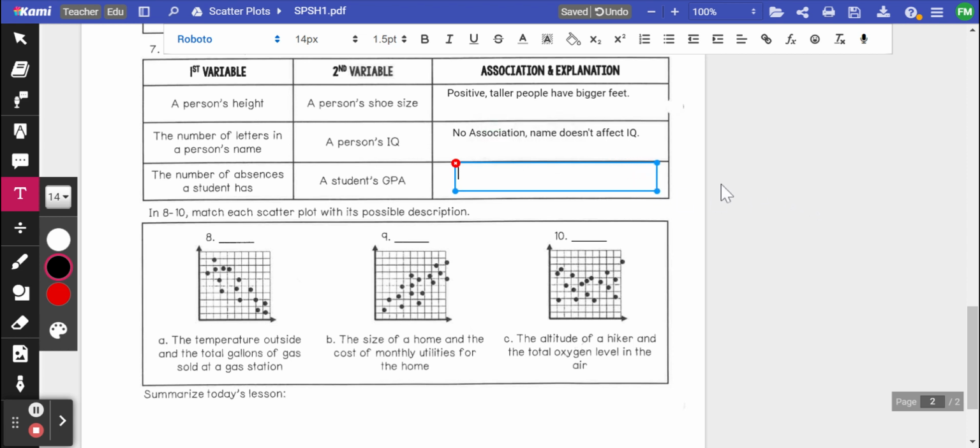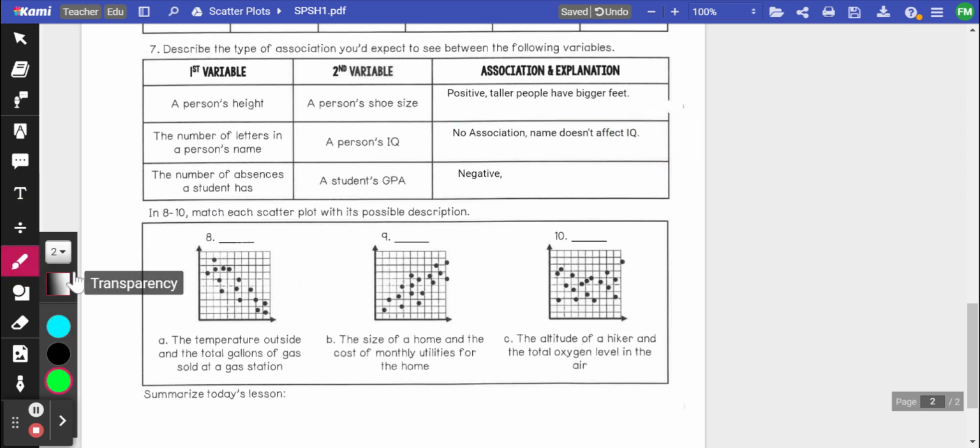Number of absences a student has and a student's GPA. Now, we're inclined to say it's a negative association because, look, you got a bunch of absences, your grades are going to go down. But really, what it is, if we think about it, I'm going to draw this one out. So this here is going to be the absences, and this is your grades.